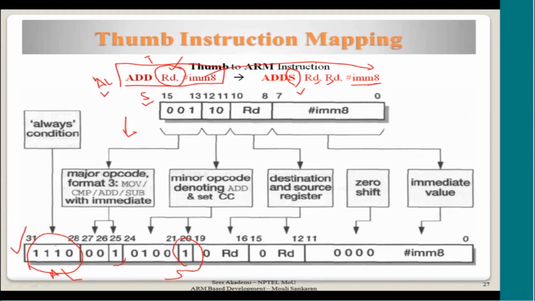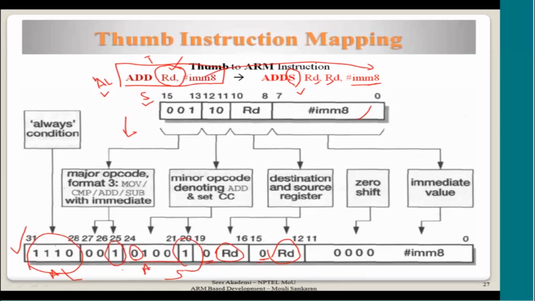Then Rd, the same register, is put here, and you see here it is extended with a 0, and here also extended with a 0. What is this? It could be an add operation. 0 100 is a data processing instruction, mentioned here with the immediate operand. So an add instruction is given.